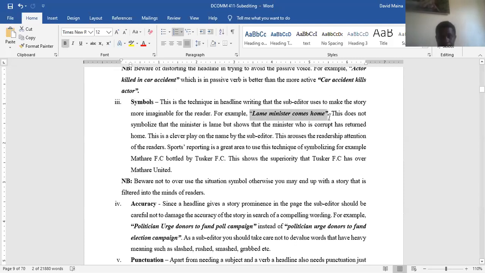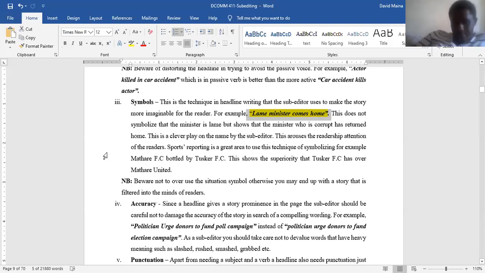I don't know that you understand this. I understand. Now, when they're talking about lame minister comes home, this does not necessarily mean that this minister is physically incapacitated. They might mean this is a minister who just holds the office, who does nothing.